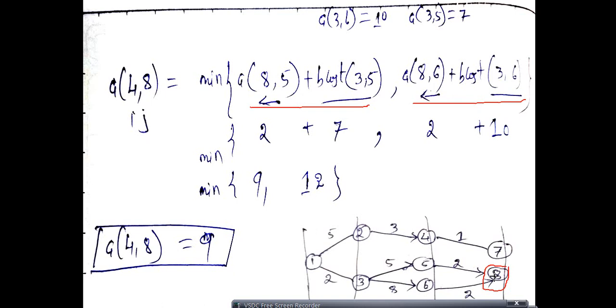Vertex 8 has how many in degrees? 2 in degrees, so that's why I have written two here. First one is from 5, another one is from 6. Vertex 8 has 2 in degrees, from vertex 5 and from vertex 6.